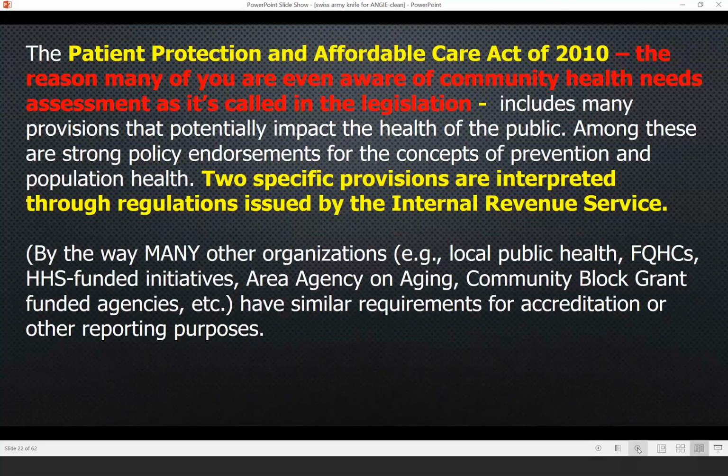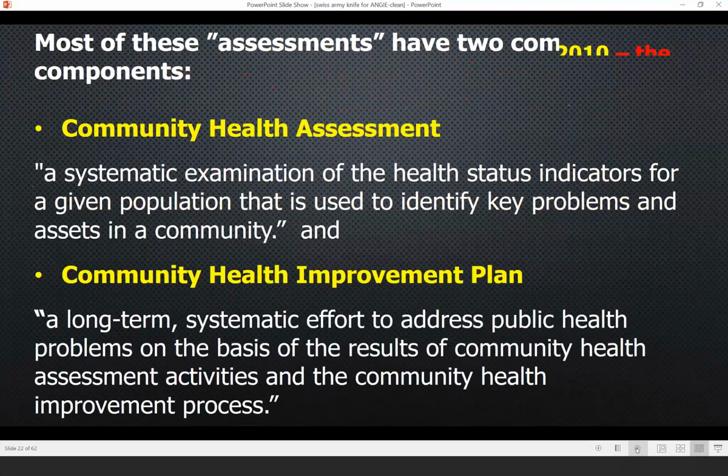So they're doing community assessments, maybe not as comprehensive, maybe not exactly with the same format as what you're going to be doing, but if you're not doing it in collaboration with these organizations, you're missing a huge opportunity. And so I'm going to talk about that a little bit later.